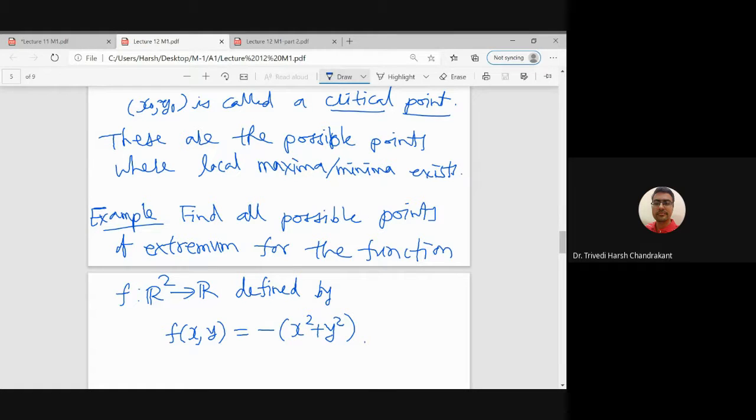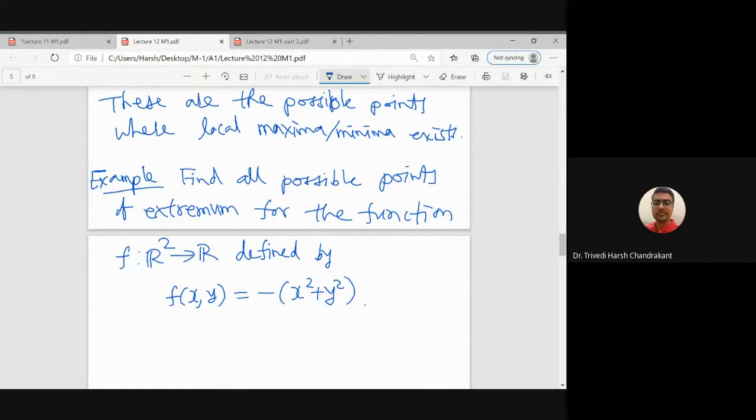Because if we have a polynomial x square, we directly differentiate it and we know the derivative is 2 times x, right? Same way here also, we will differentiate the function directly without using the definition of partial derivatives in terms of h and k. So let us see how we can do that.